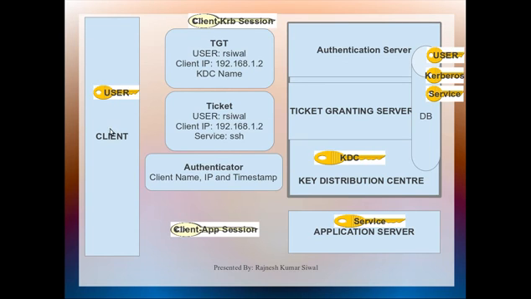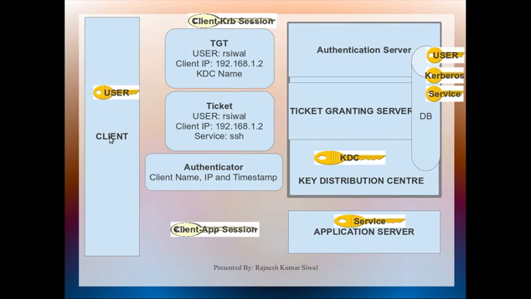So as soon as it reaches the client, the client has this key, it decrypts, and it has the client application session key and the ticket. The ticket is still encrypted, which it cannot read.